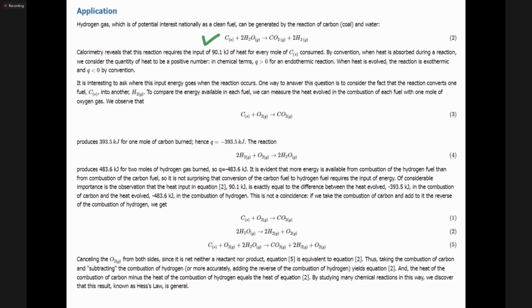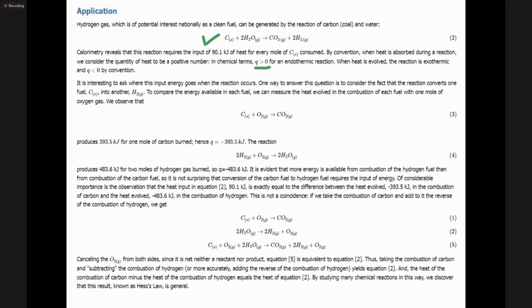By convention, if heat is absorbed during the reaction, we consider the quantity of heat to be a positive number, and that's why Q is greater than 0 for an endothermic reaction.